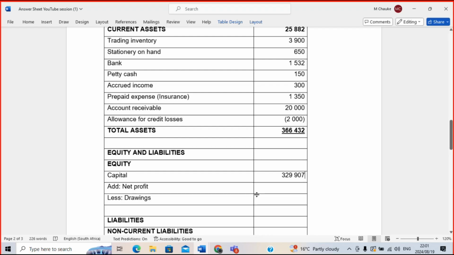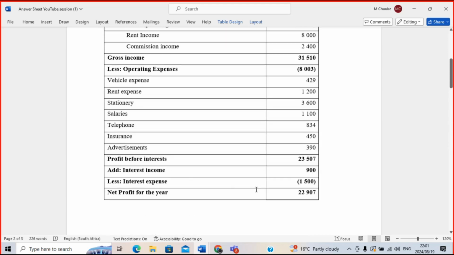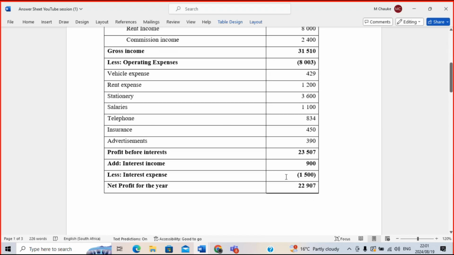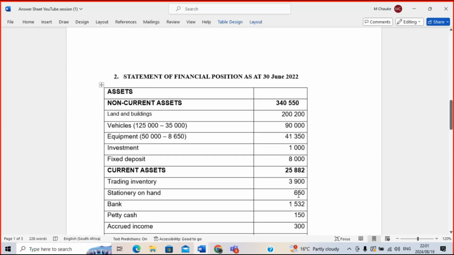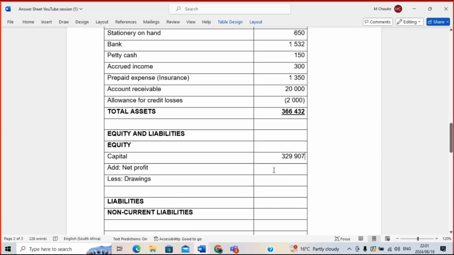And then our profit is the one that we calculated up there, taken from the statement of profit or loss. Our profit there is 22,907, right? And then drawings, we have to subtract the drawings. So let's check in our question.